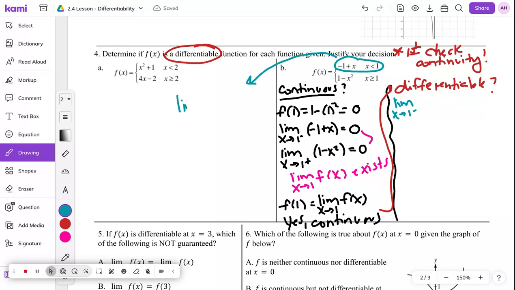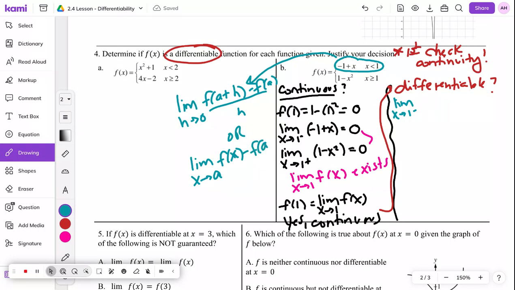You can do the limit as h approaches 0 of f of 1 plus h minus f of 1 all over h, or you can do the limit as x approaches that specific a value of 1, f of x minus f of a all over x minus a. I'm going to do that one so I can indicate easily the limit as x approaches 1 from the left.